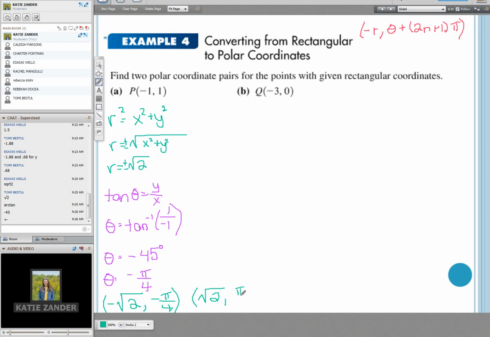So pi over 4 plus, we're going to use 1 for n, so that's going to be a 3 pi in front of there. Hold on one second. I just want to make sure I'm getting this correct.